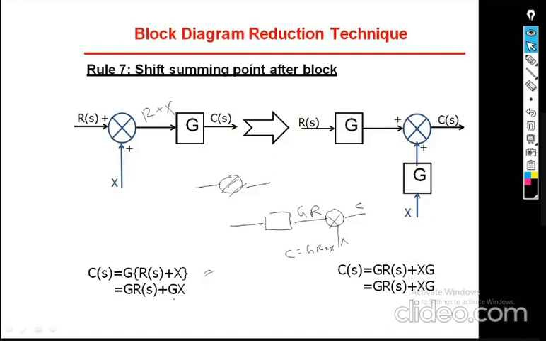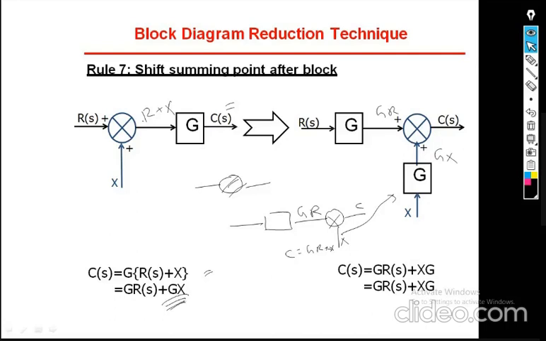But now I need G into X. So for G into X, in this series I need to multiply with G. Then you will get G X here. Already from here G R comes. So G R plus G X will be the resultant C of s value that you got in the previous case.